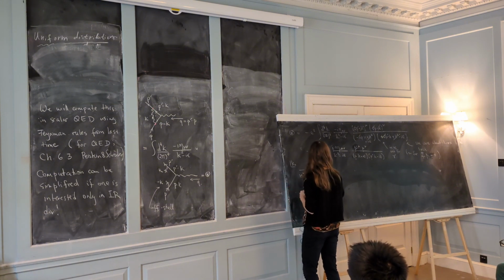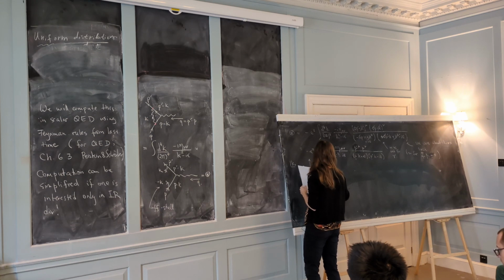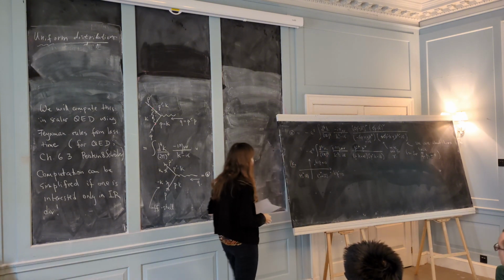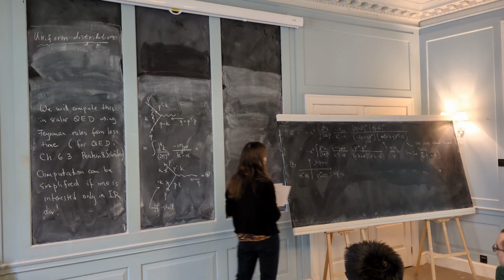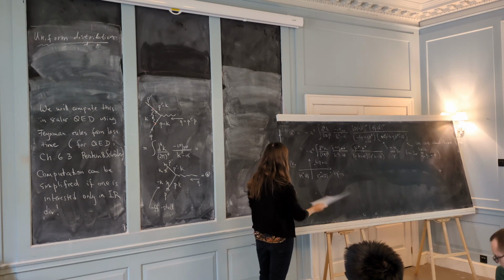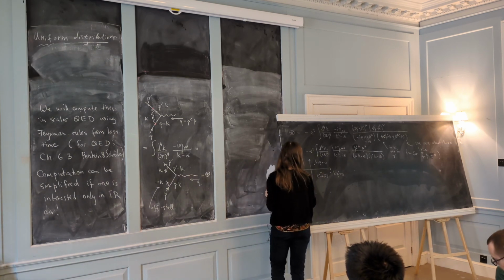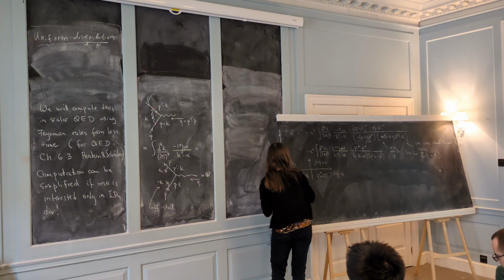And then there are 2 more when k dot p prime is equal to 0 and when k dot p is equal to 0. When we studied the classical Bremsstrahlung, we saw that the radiative contributions actually came from these two, from the poles in k squared.